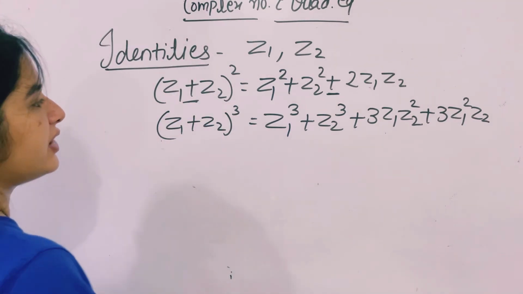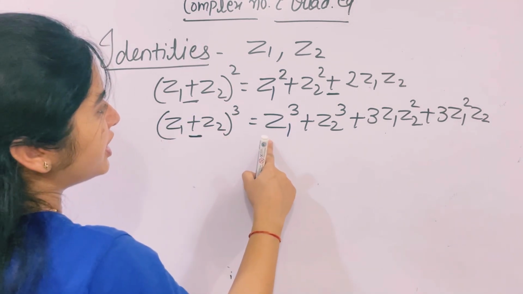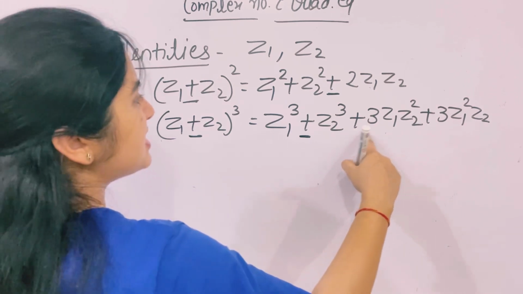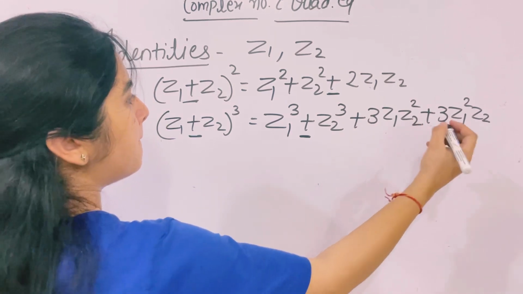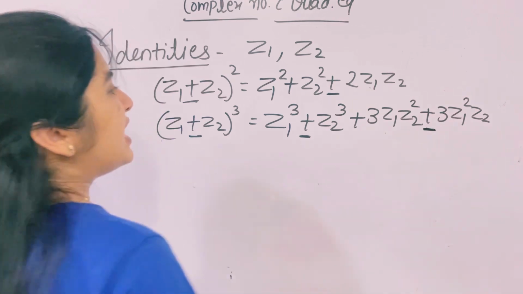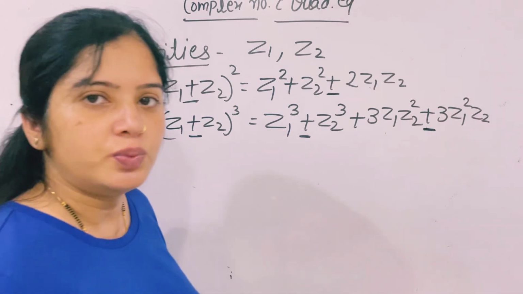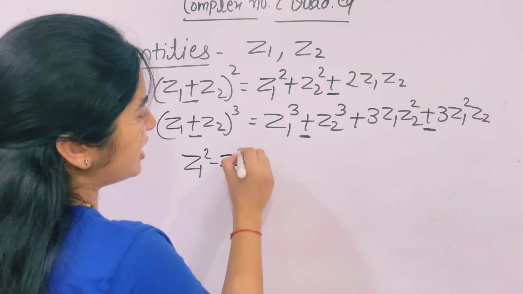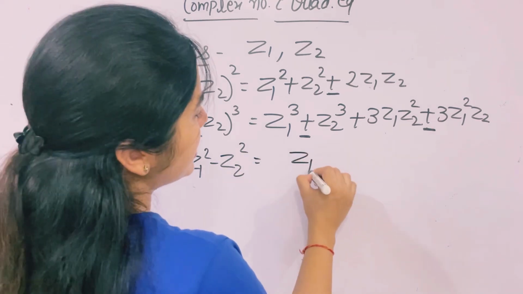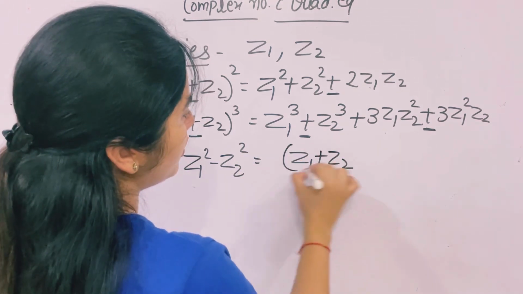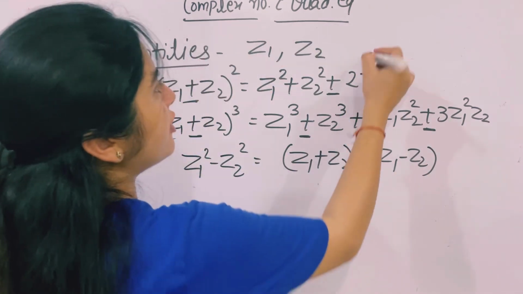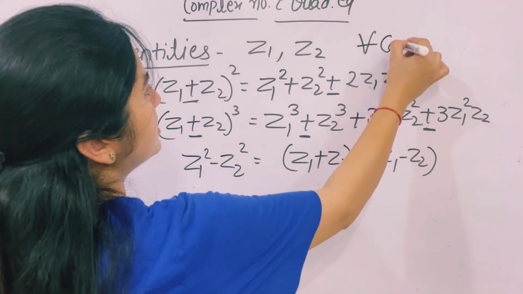And for the negative, it will be z1 cube minus z2 cube plus 3z1 z2 square minus 3z1 square z2. z1 square minus z2 square will be equal to z1 plus z2 into z1 minus z2. These are for all complex numbers.